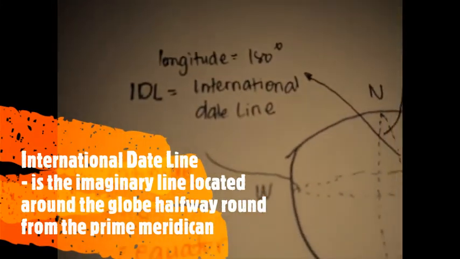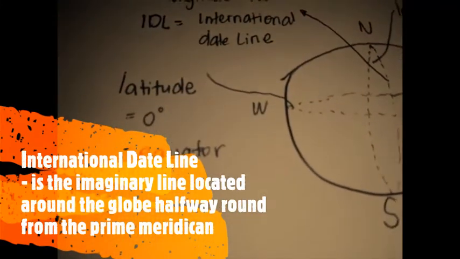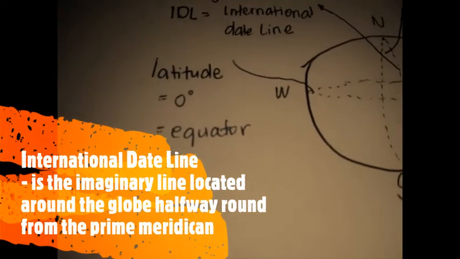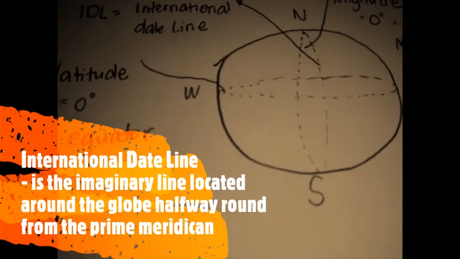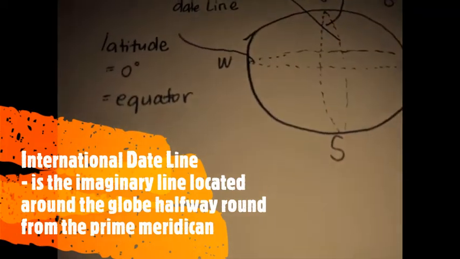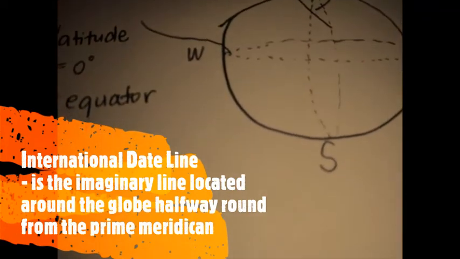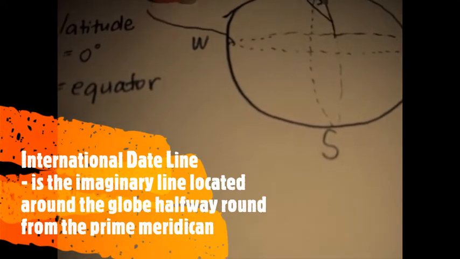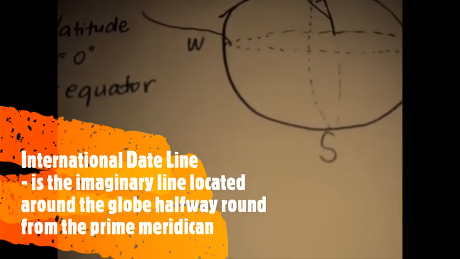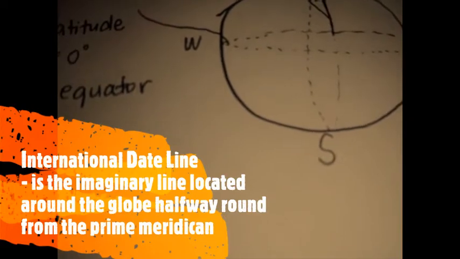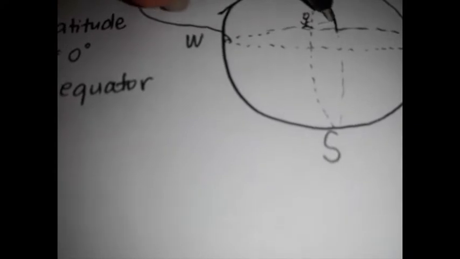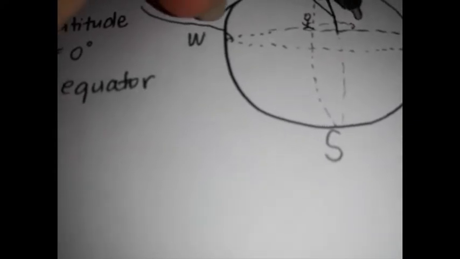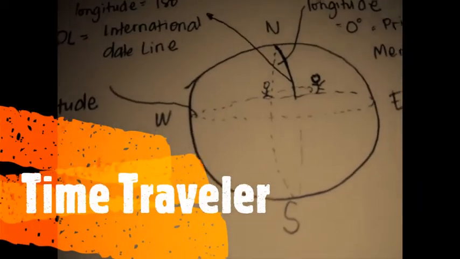So from the name itself guys, ito yung basihan ng date or ito yung basihan ng time for which sabi nila ito yung nagde-divide ng araw tsaka yung ng gabi. For example, kung nandito ka at saka nag-travel ka nito, according to them, ikaw ay isang time traveler.